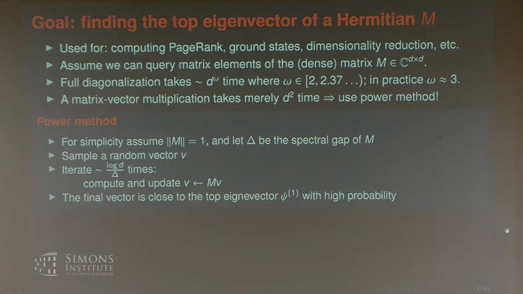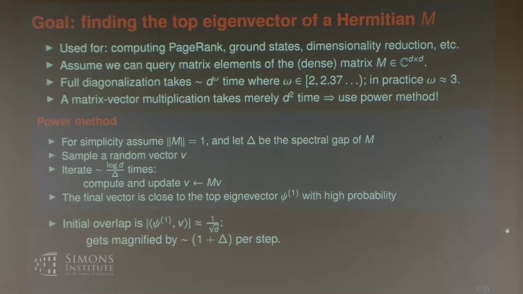And one can see that as the matrix M gets multiplied several times, the top eigenvector is raised to high power, and all smaller eigenvectors start to die out because the eigenvalue is much smaller than the leading eigenvalue, and they exponentially go to 0 compared to the top eigenvalue and the eigenvector contribution. So if one runs this algorithm, then the final vector is close to the top eigenvector with high probability. And this is how the classical power method works.